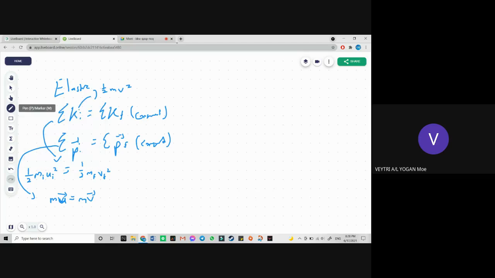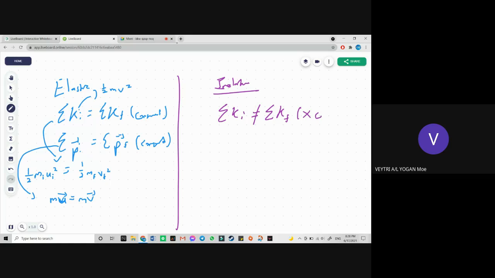When it comes to inelastic collision, tadi kita bincang apa? Inelastic collision is defined as one in which the total kinetic energy of the system is not the same before and after the collision. Okay. Inelastic collision, which means your initial kinetic energy is not same as your final kinetic energy, which means it is not conserved.